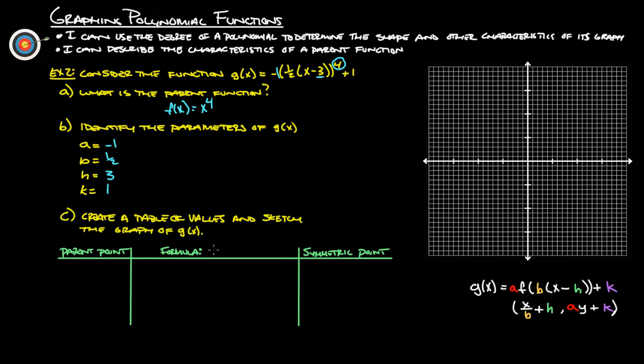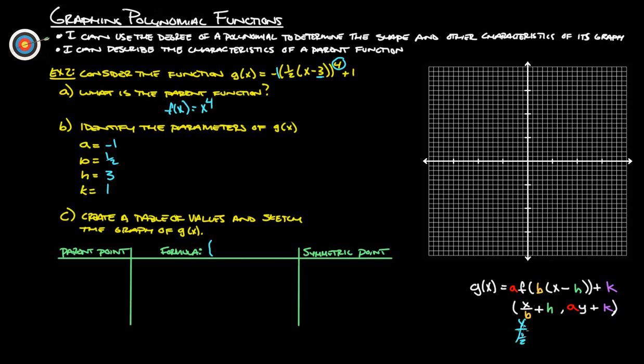So let's fill out this little mapping formula here, and then we should be in good shape, right? So if we got x divided by b, if b is 1/2, so this is really x over 1 over 2, that's really just the same thing as 2x, right?